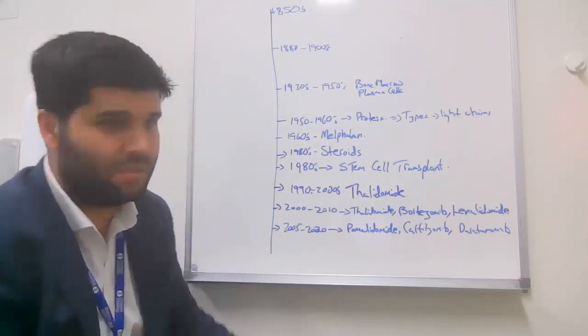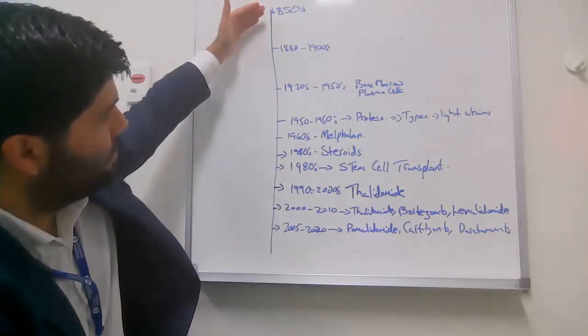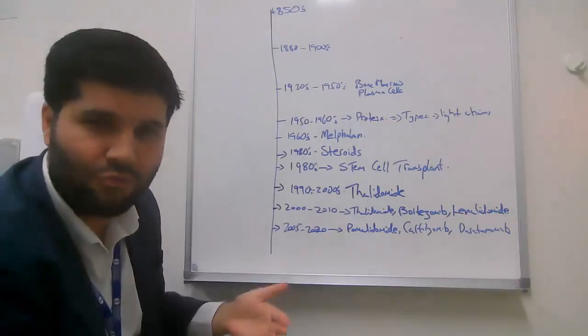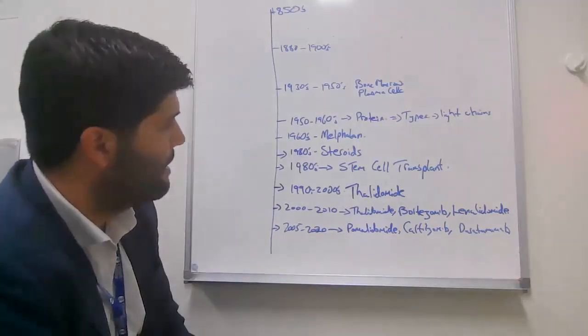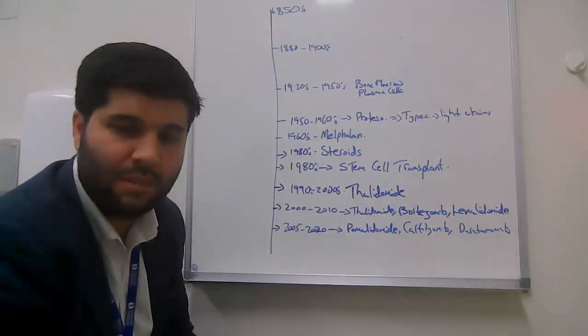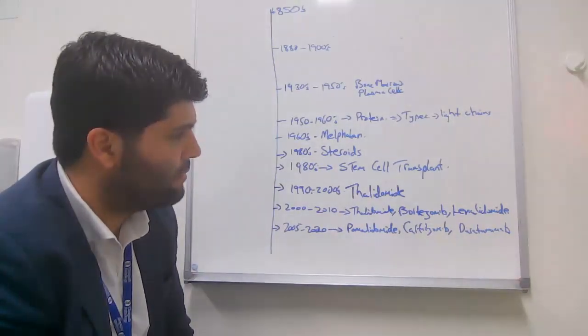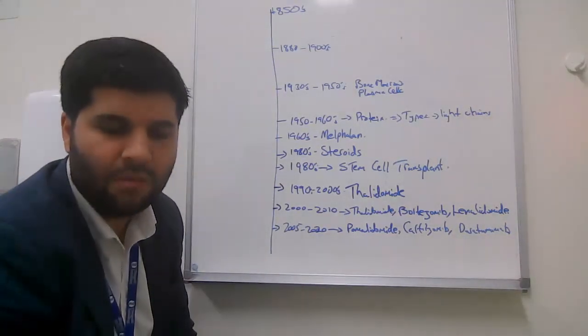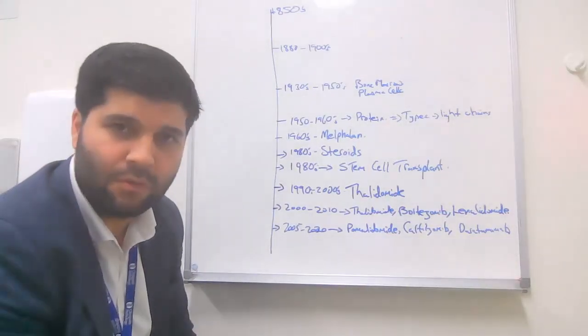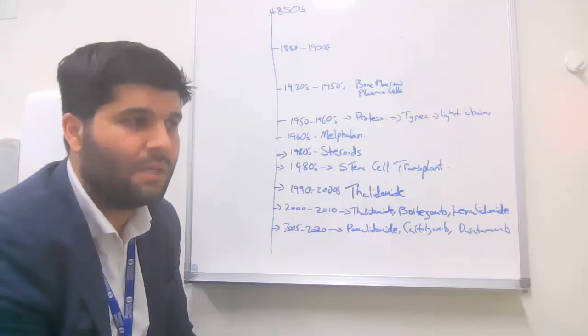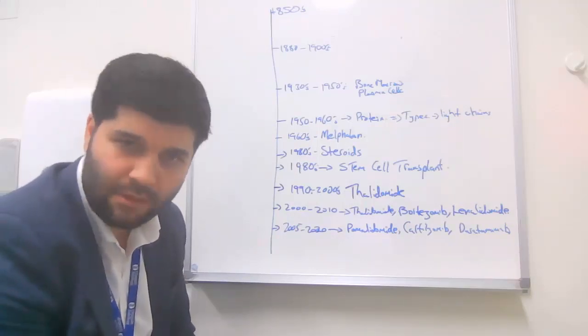And so you can see that for almost 150 years, there was very little progress in the treatment of multiple myeloma. But in the last 15 to 20 years, the research has been dramatic. The discovery of new agents that work for this condition have been dramatic. And that has really led to improvements in outcomes.